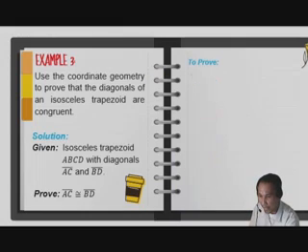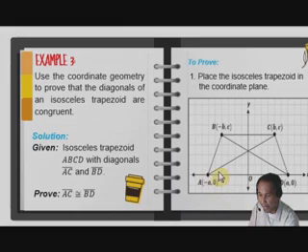Gagawa tayo ng drawing. Okay, ito yung ating trapezoid. Buo na siya. May A, B, C, D. Hindi tayo nagkaroon ng vertex sa center, o yung hindi tayo nagkaroon ng vertex at the point of origin. Kasi ang ginawa natin, dumiskarte tayo na kung saan nagkaroon tayo dito ng 4 sides.